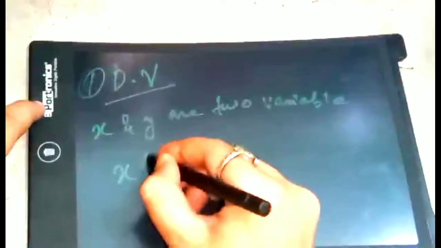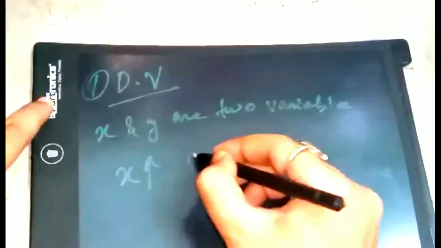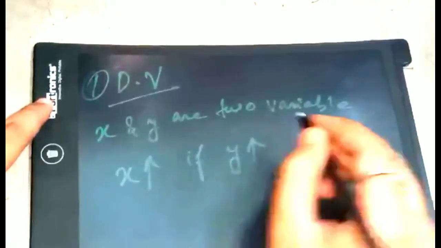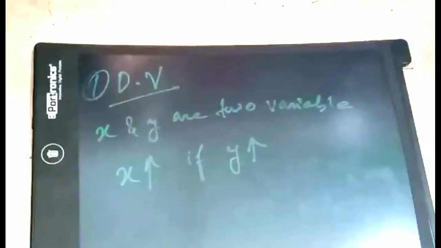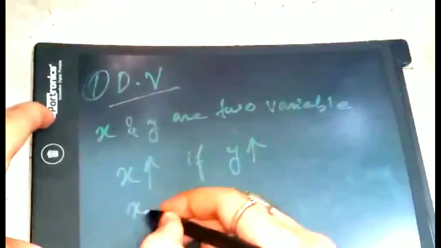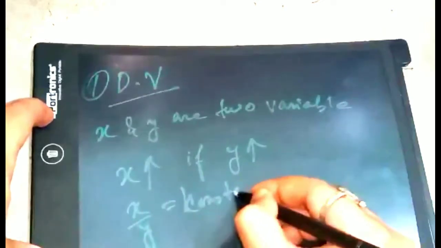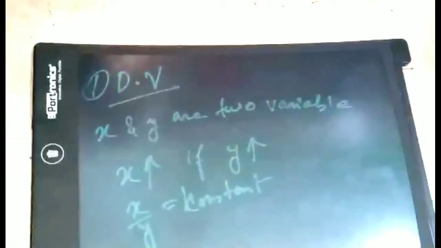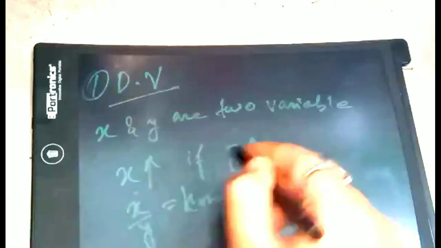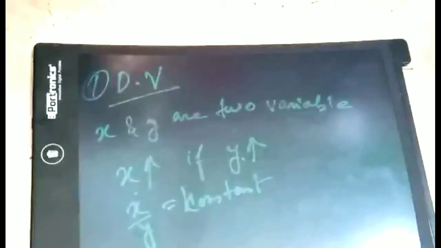Now, as x increases, if y also increases, and moreover the ratio of x and y at each instant is constant, then we say that x and y are in direct variation. So for direct variation, if x increases, y increases, and x by y will be constant, then we call that the variation will be direct variation.